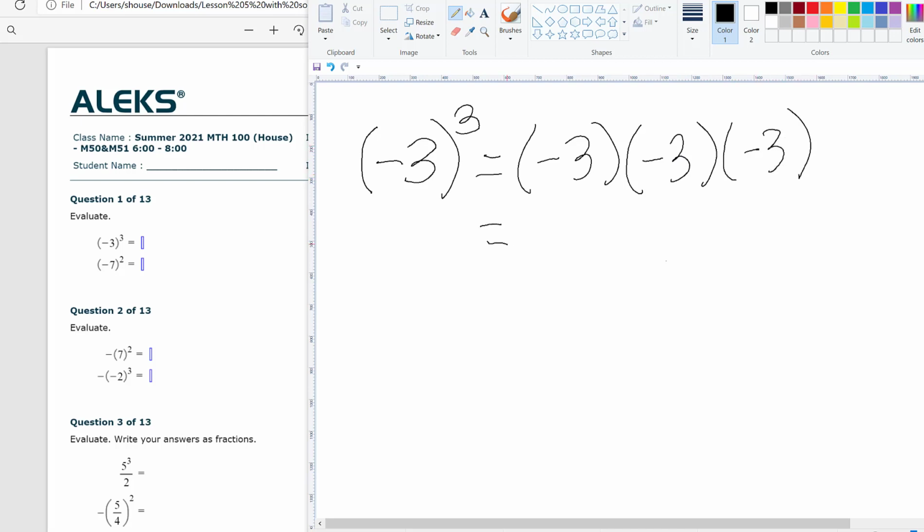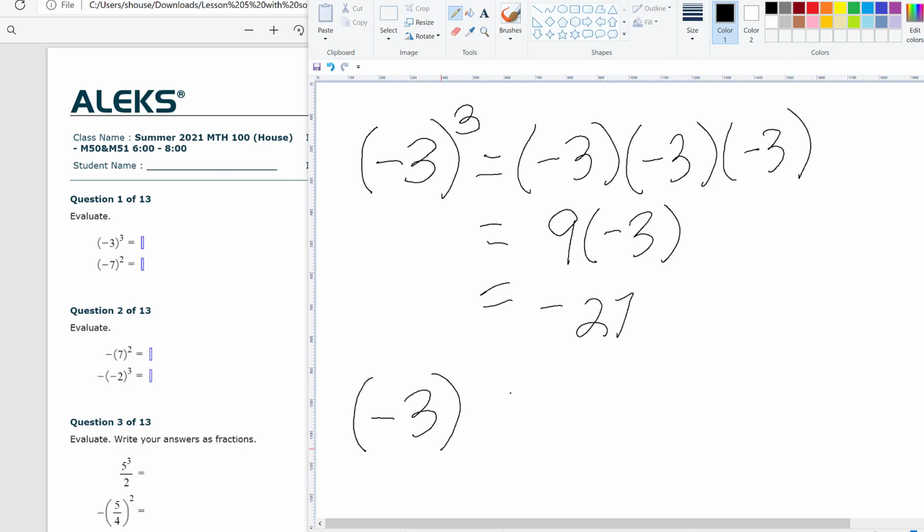So moving left to right, -3 times -3 is 9, times -3 is -27. Now if you want to do this on your calculator, you'll need to enter the parentheses just like you see them and use the caret key that looks like a little arrow pointing up, and that's saying raise -3 to the third, and it will give you the answer -27.